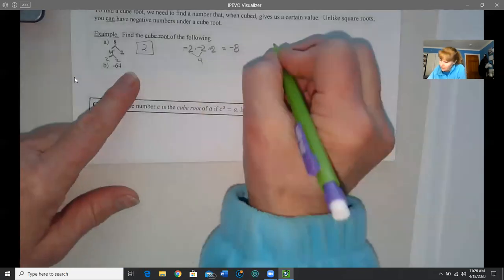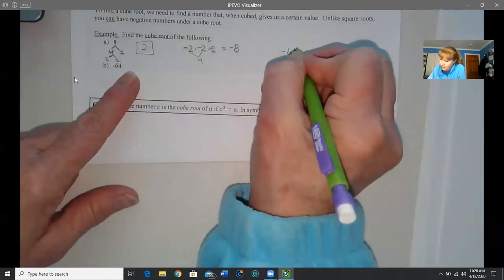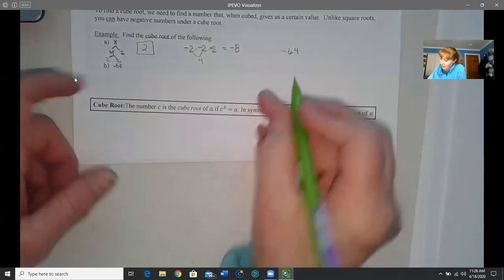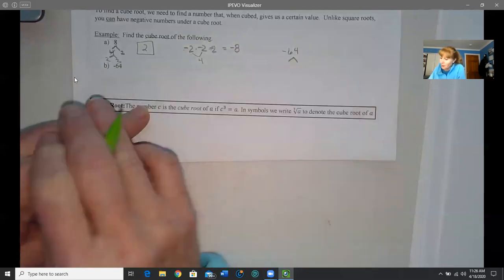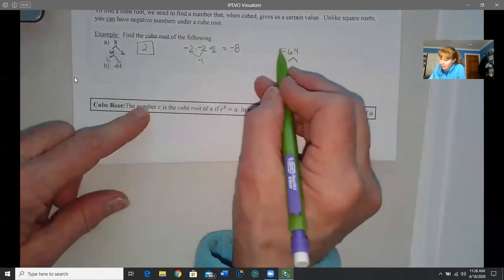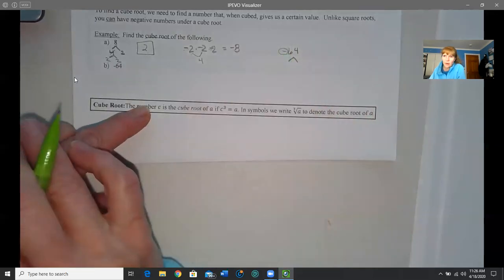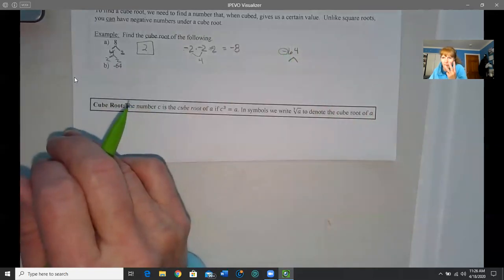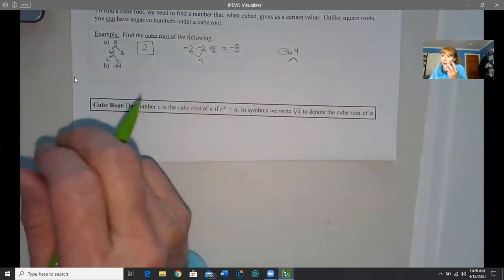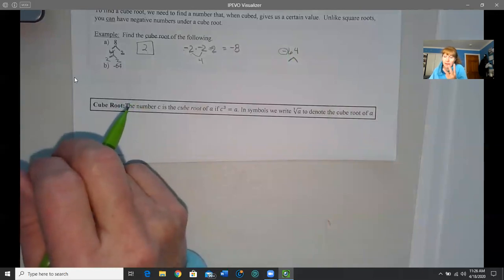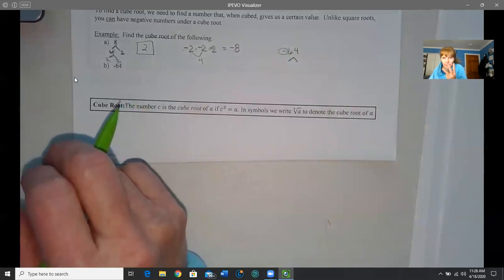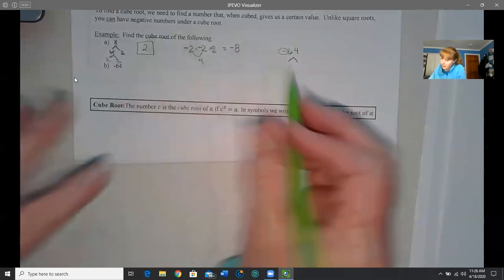I'm going to bring it over here just so we have a little bit more room. I'm going to ignore the negative right now, and concentrate on what 3 numbers that are the same I can multiply together to get 64. I'm looking for 3 of them because a cube is 3.